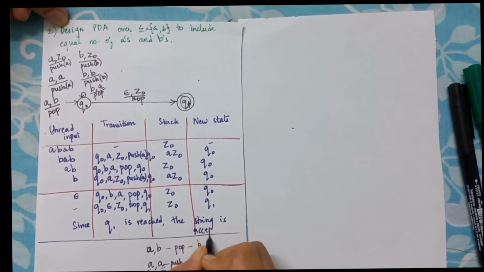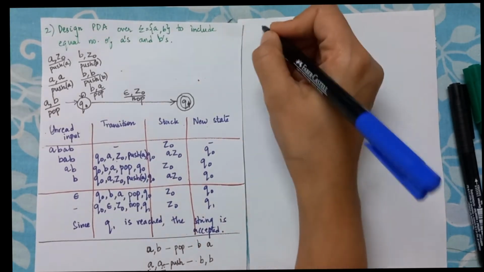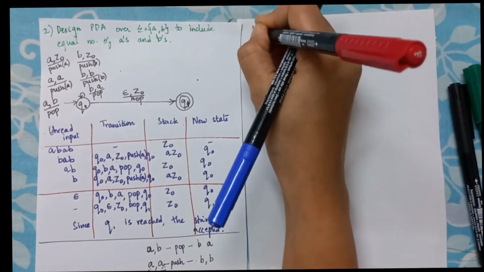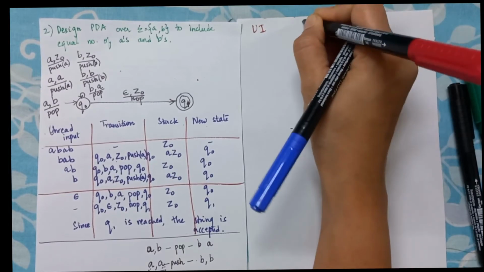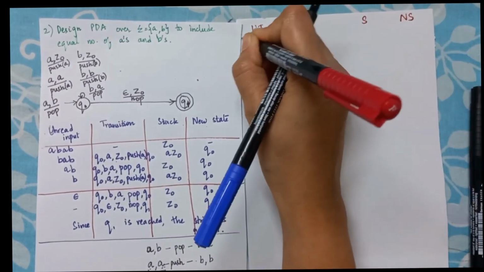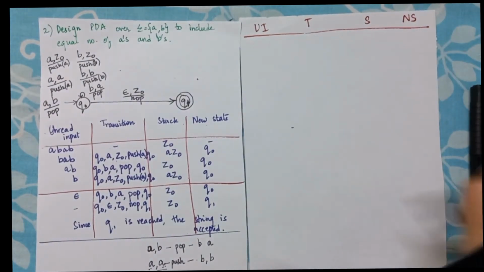Now let us take another example. Again, the same: unread input, transition, stack and new state. Let me take ABB.